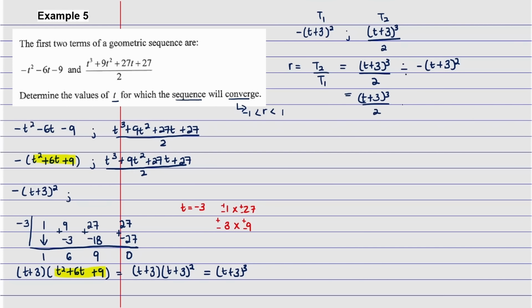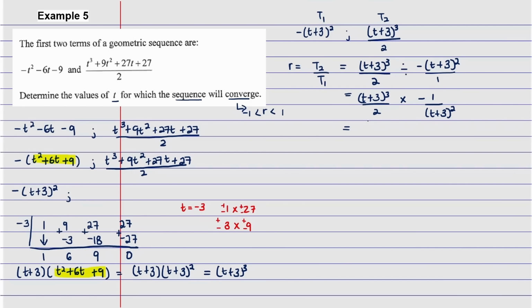Then divided by 2. Then this is going to be multiplied by 1 divided by t plus 3 all squared, right? Since we're changing to multiplication, the numerator becomes the denominator and the denominator becomes the numerator, which is what I just did. Now multiply numerator to numerator and denominator to denominator.